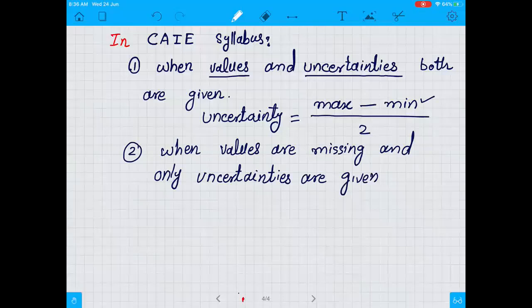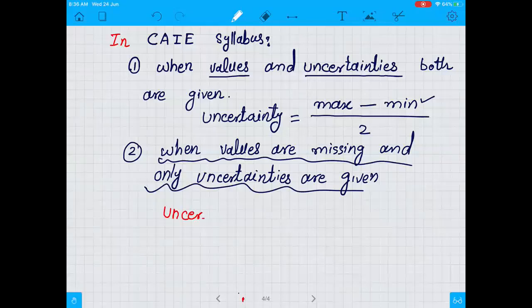So in the type of questions in which you are only given the uncertainties and the values are not given, then you cannot apply the formula uncertainty is equal to maximum minus minimum over 2. This formula cannot be applied because you do not have any values and you cannot calculate the maximum and the minimum values. So in the second situation, this formula cannot be applied.